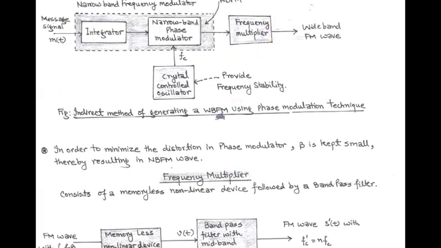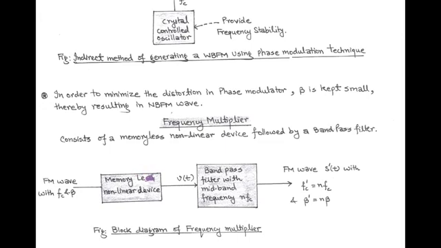A frequency multiplier basically consists of a memoryless nonlinear device followed by a bandpass filter. This bandpass filter has a midband frequency of n times Fc. Now, the input of the frequency multiplier is a narrowband FM wave having modulation index beta and carrier or center frequency Fc.